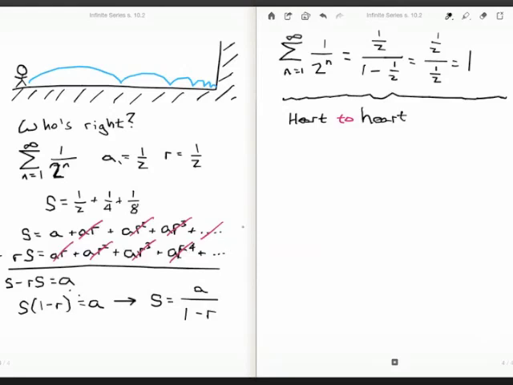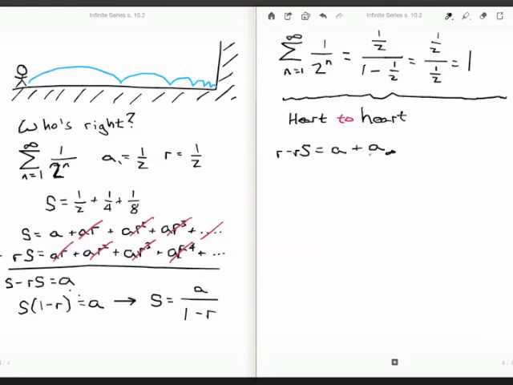And so I'm going to modify this to say S equals, where is it here? Oh yeah, S minus RS equals A plus A sub infinity, which will be the last term, the infinite term.